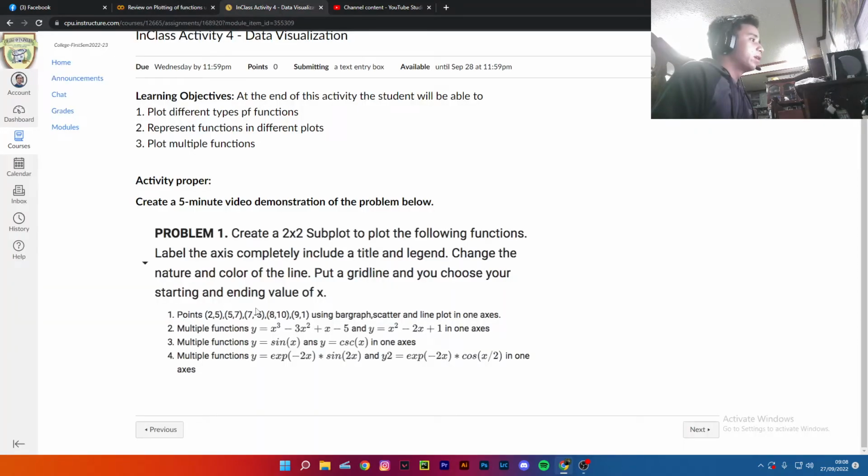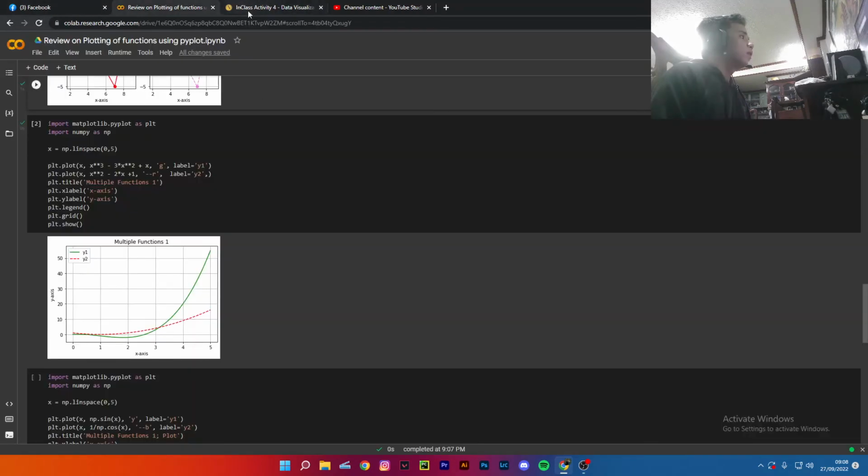Next here we have number 2, we have to plot the multiple functions y equals x cubed minus 3x squared plus x minus 5 and y equals x squared minus 2x plus 1 in one axis. So in one axis, meaning we have to plot it in a single axis.